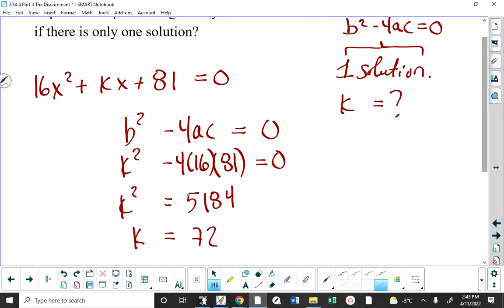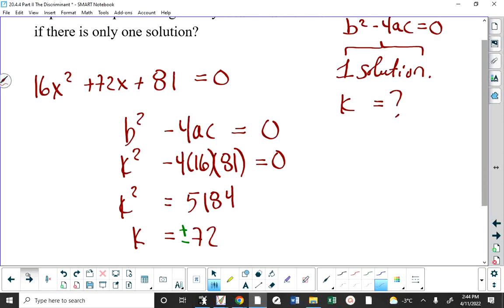Don't know? Plus or minus. And you can check this out. If I put negative 72 here and you calculate the discriminant, you'll get 0. If I put positive 72 here, you'll get 0.